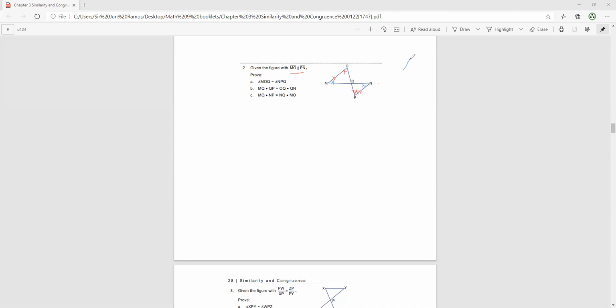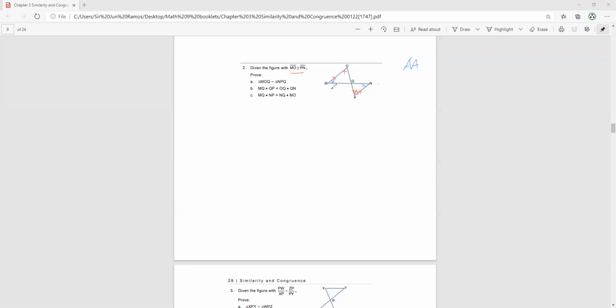So we are hoping to use the AA corollary to state that these two triangles are similar. If you want to get the third angle, this angle here is congruent to that, but we don't actually need to do that anymore. So we can just say triangle MOQ is similar to triangle NPQ.